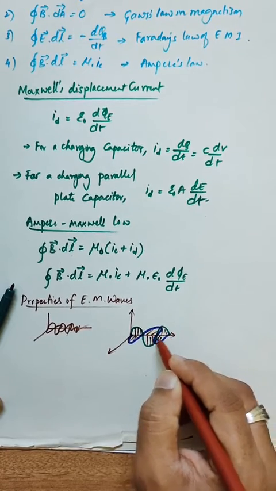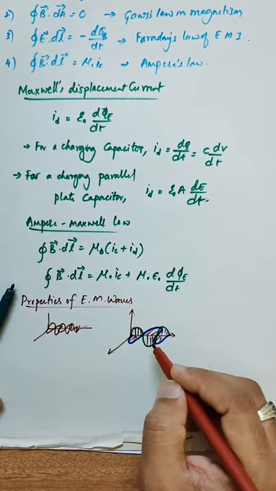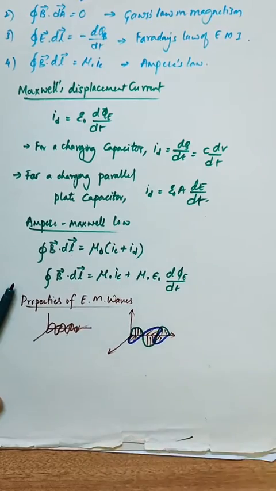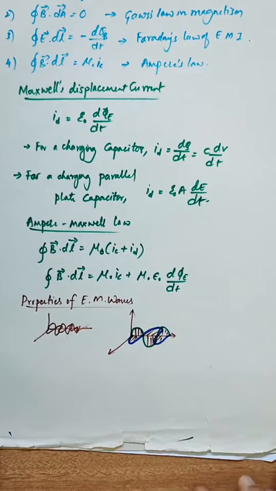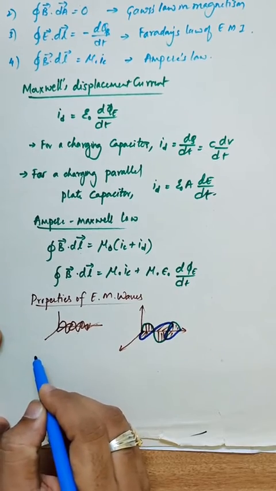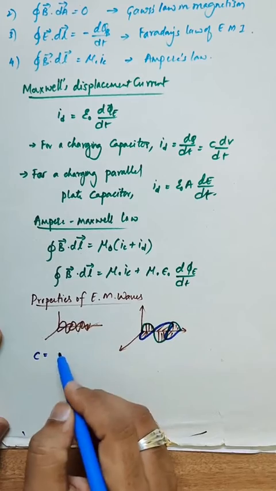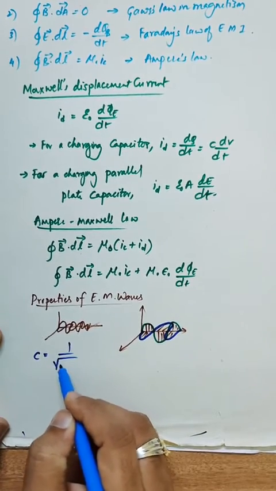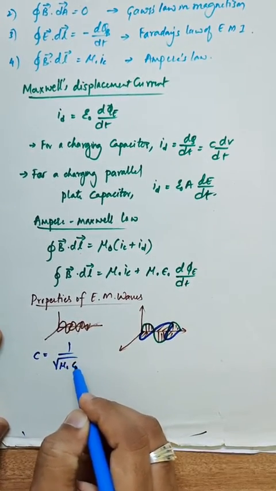It's quite difficult to explain this three-dimensional phenomenon in a two-dimensional plane. Anyway, you know this. Now we'll see how to find the speed of an electromagnetic wave. Light is also an electromagnetic wave, so C is equal to 1 by root of mu naught into epsilon naught.